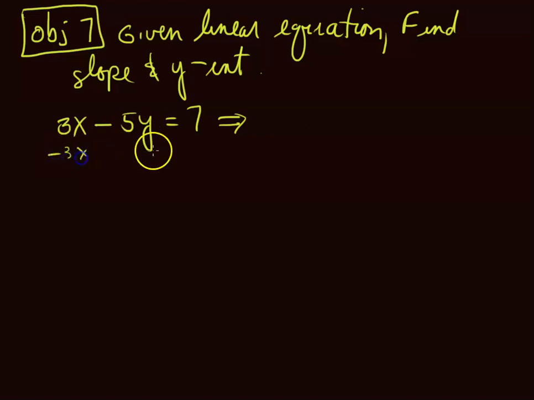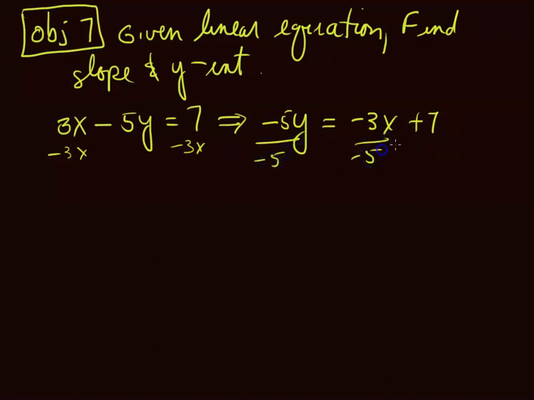Subtract 3x from both sides. Negative 5y is equal to, I'm going to put the negative 3x first, plus 7, because that's the form, right? Divide everybody by negative 5, and you get y equals positive 3/5 x minus 7/5.